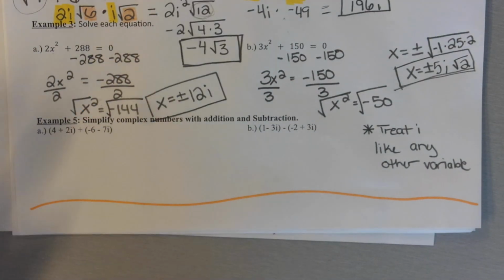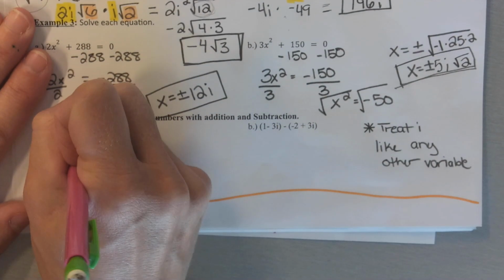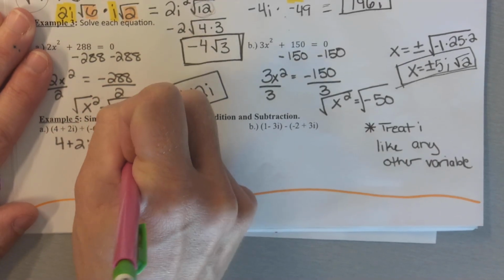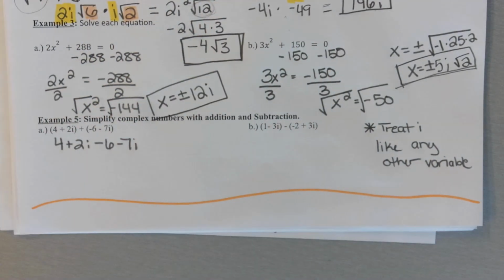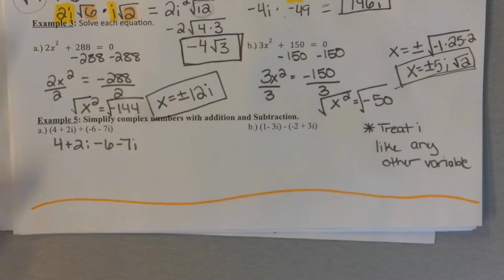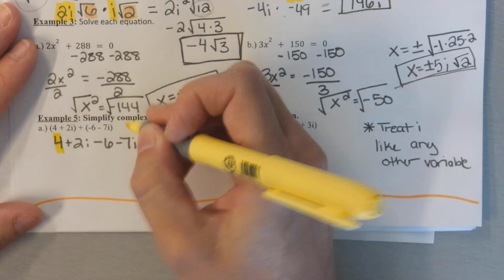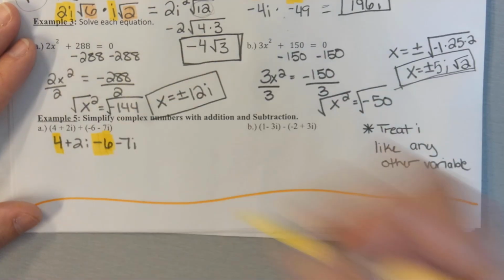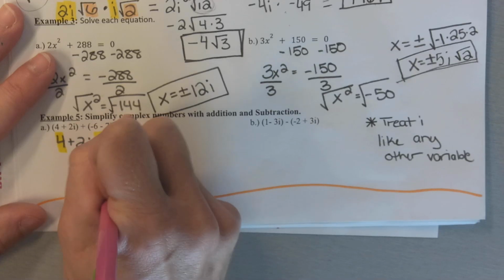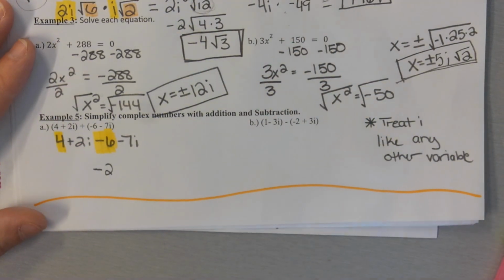It's really not necessary. So there's nothing being multiplied. I'm going to drop away the parentheses. All you're going to do here is add your like terms together. Do you see how I have two things that are just plain old numbers? 4 plus 6 gives me -2.